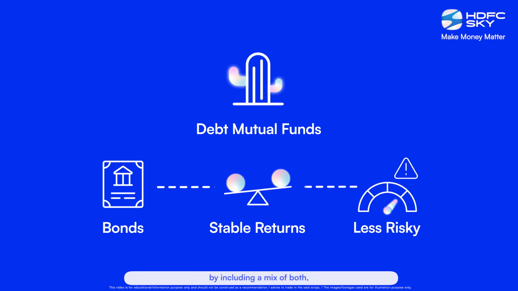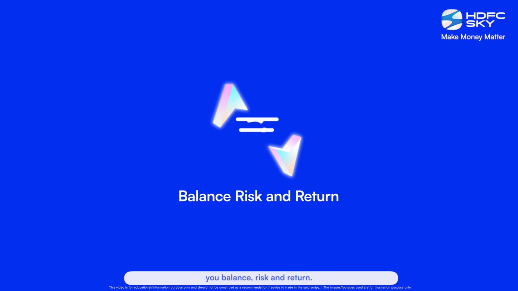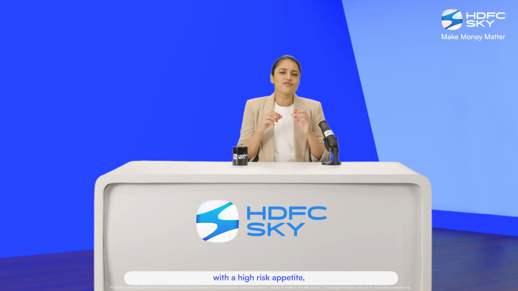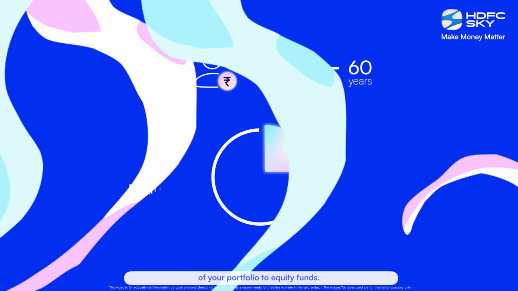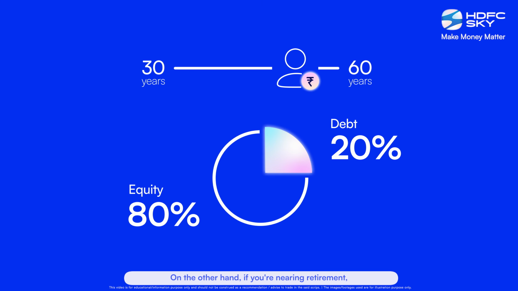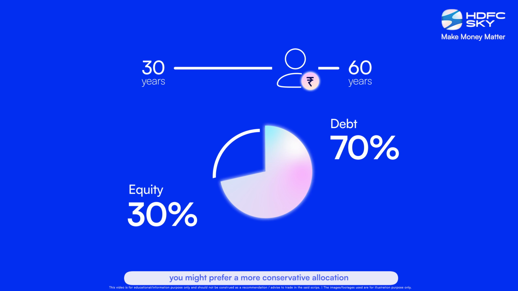By including a mix of both, you balance risk and return. For example, if you're a young investor with a high-risk appetite, you might allocate a larger portion of your portfolio to equity funds. On the other hand, if you're nearing retirement, you might prefer a more conservative allocation with a higher portion in debt funds.